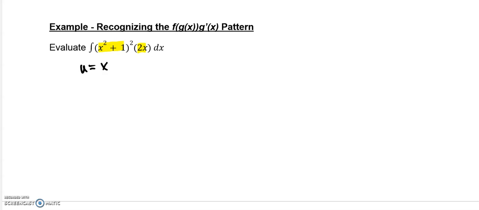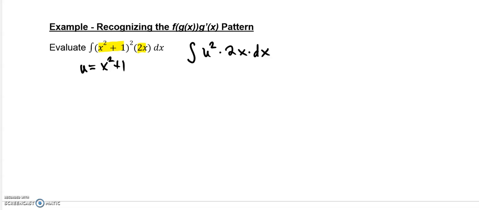Your x squared plus 1 is your inside function. Now we're going to rewrite it. Instead of x squared plus 1 squared, it's going to be the integral of u squared times 2x times dx. Problem is, you have u and x, two variables, and we can't integrate when we have two different variables, so we have to get it all in terms of u.